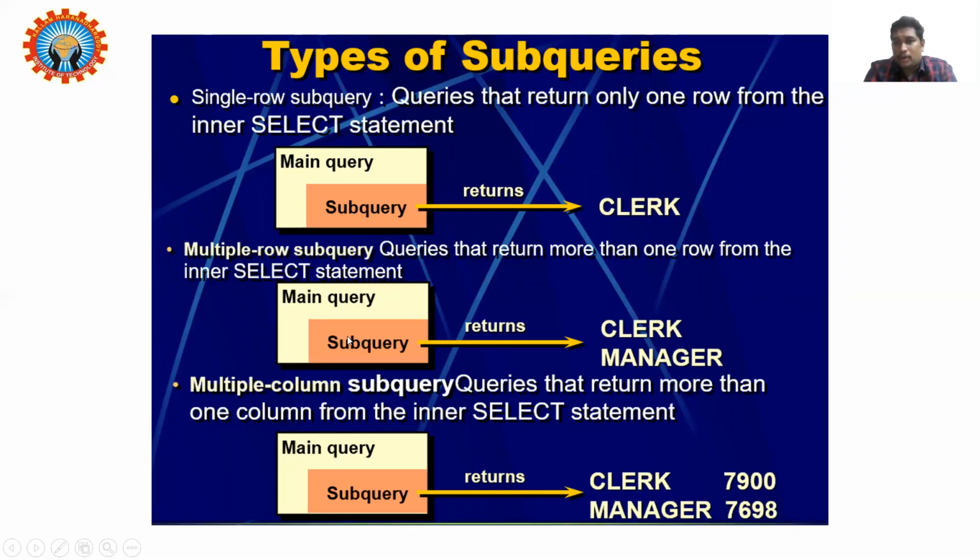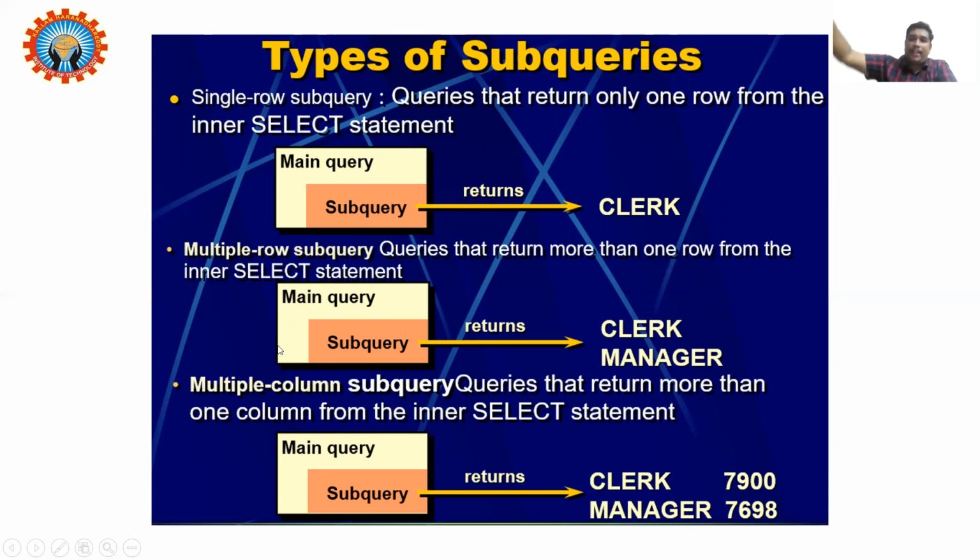If I want to retrieve only one row from the inner select statement, that is a particular row name, row type or row value, then I will use a single row subquery. If I am retrieving two or more rows, then I use a multiple row subquery, so it returns more than one row from the inner subquery.